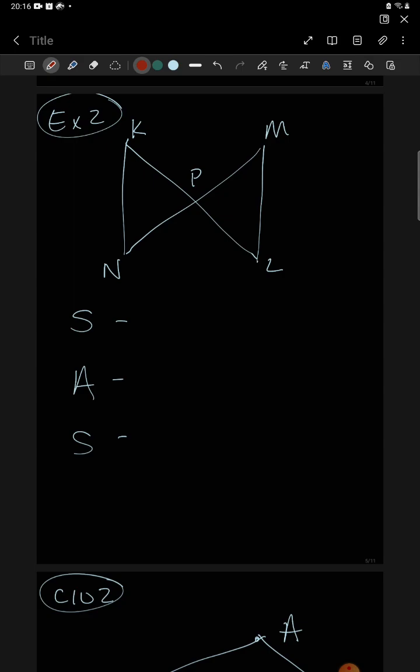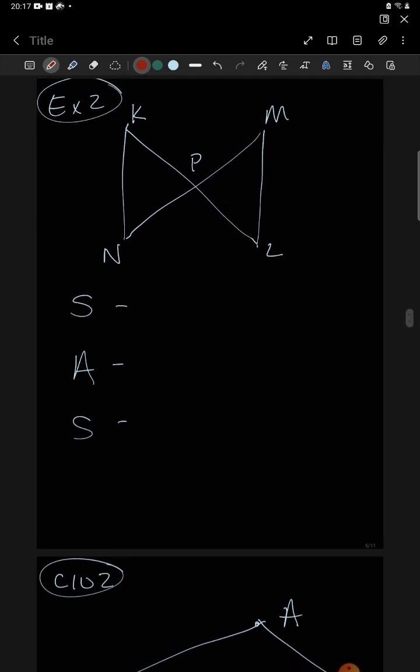I said that out of order. The included angles here are A and E. Angle A is between segment AB and AC, and angle E is the included angle between the segments EF and ED. All right, so finally we arrive at example 2.